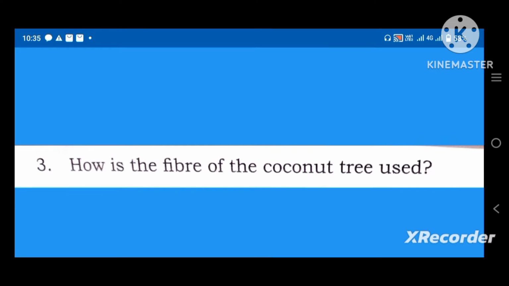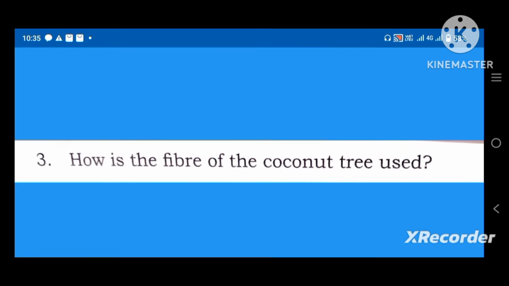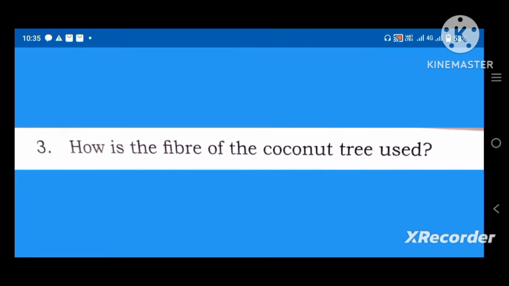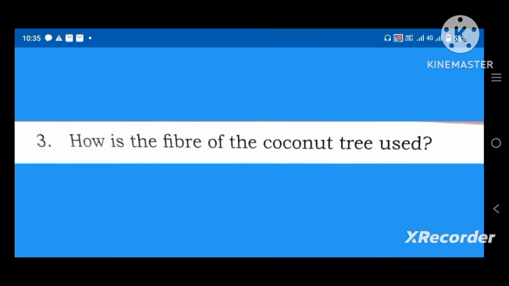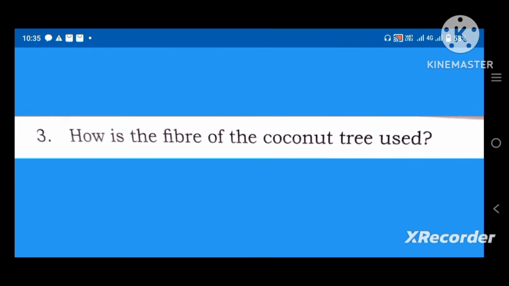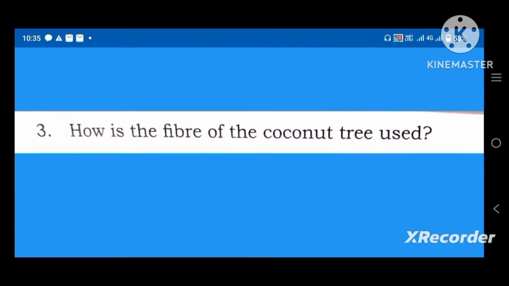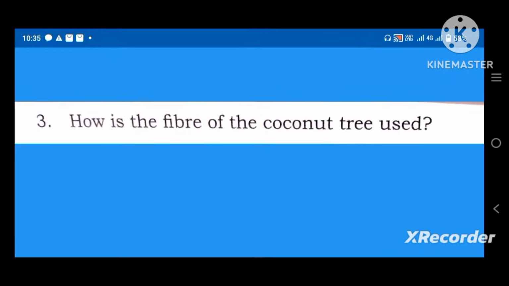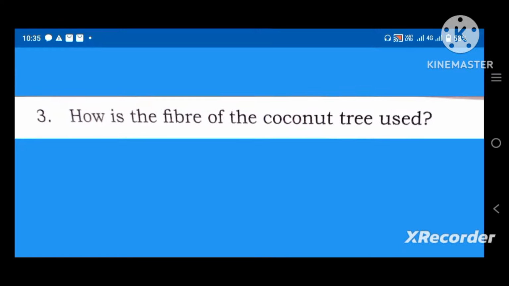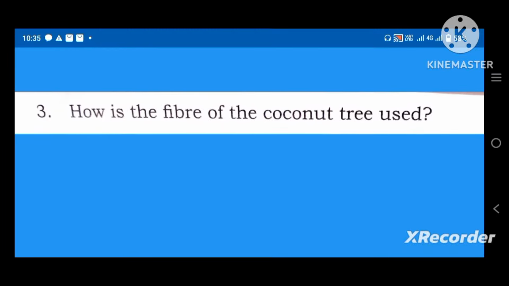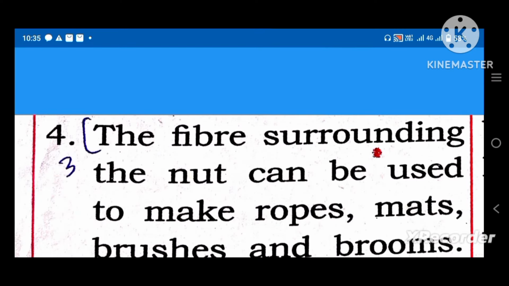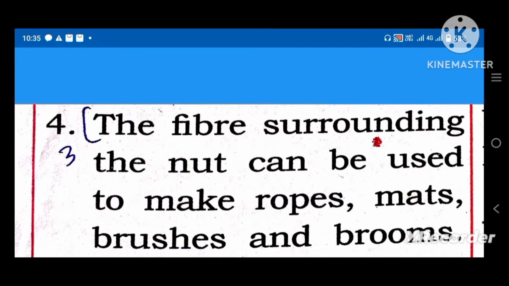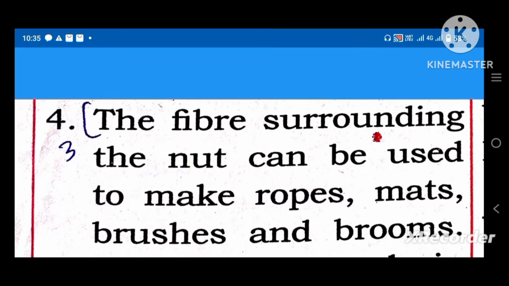Third question, how is the fiber of the coconut tree used? The fiber surrounding the nut can be used to make ropes, mats, brushes, and brooms.